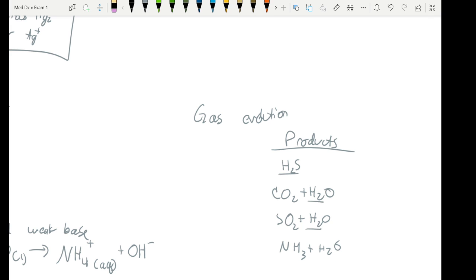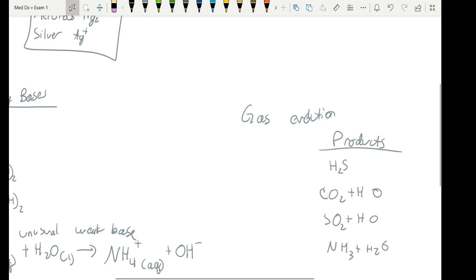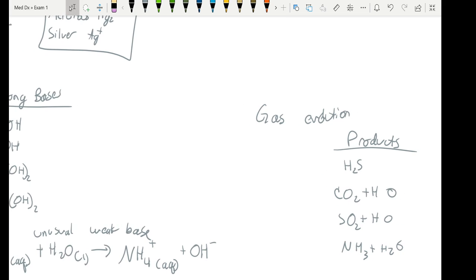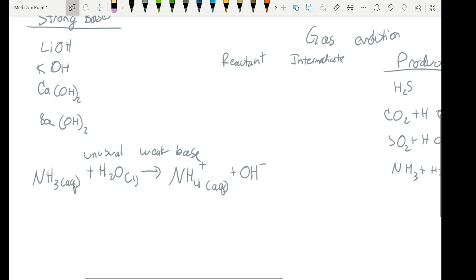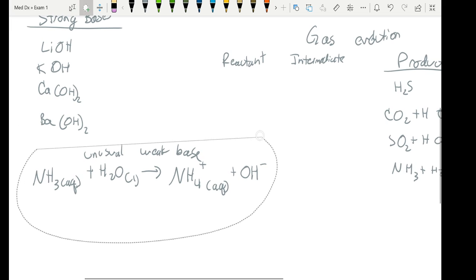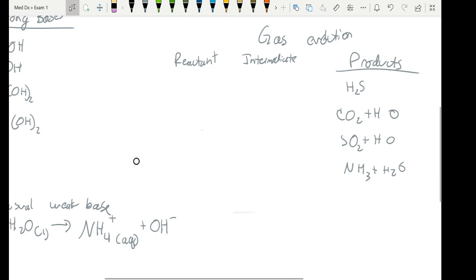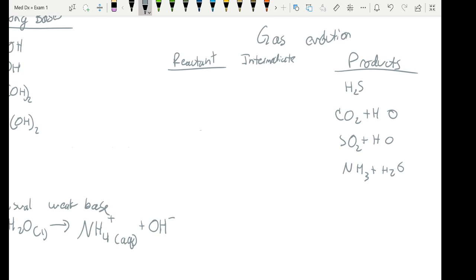The breakdown of these products right here, this is going to be the intermediate, and then the reactant here. So the reactant and the intermediate.